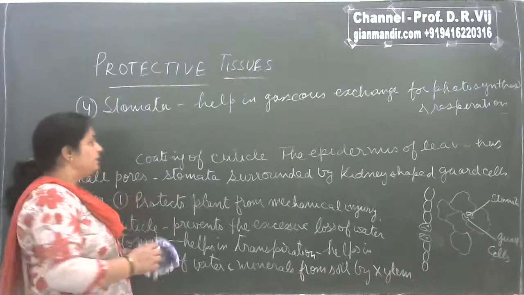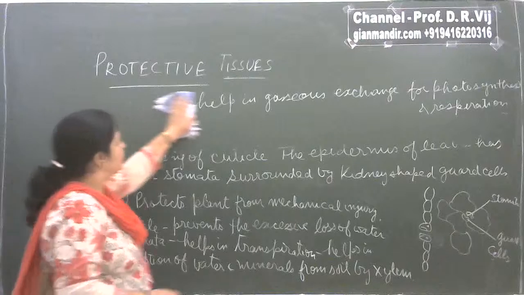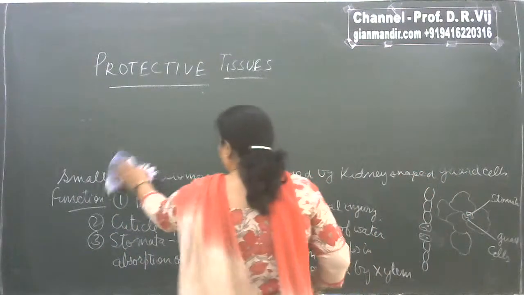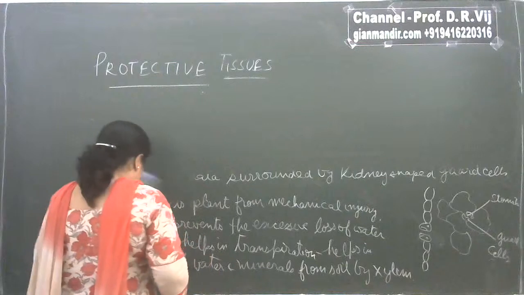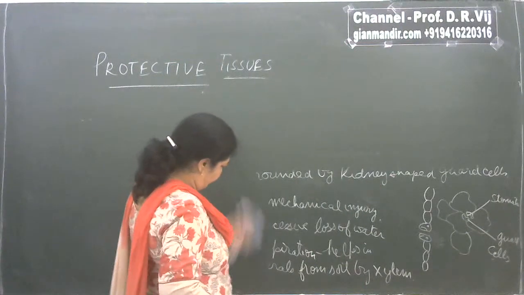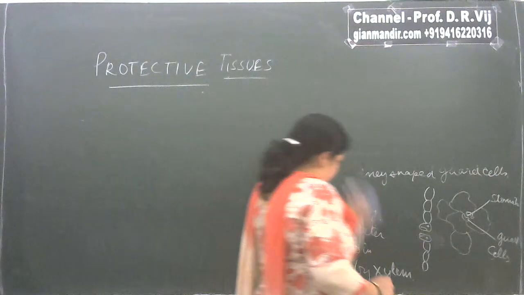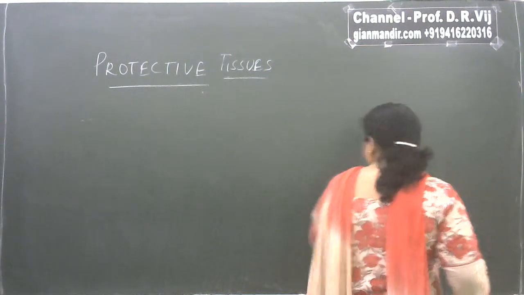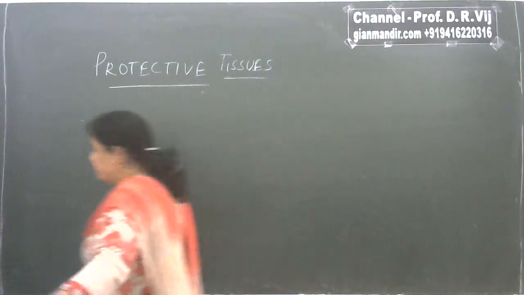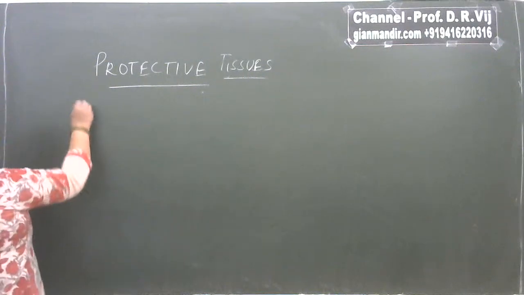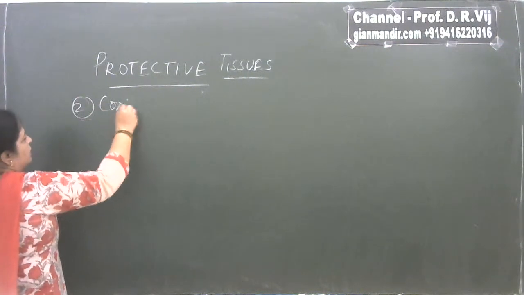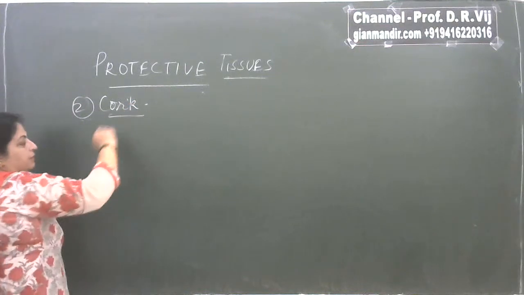So another type of protective tissue other than epidermis which you can observe in plants is the cork. So the second type of protective tissue is cork.